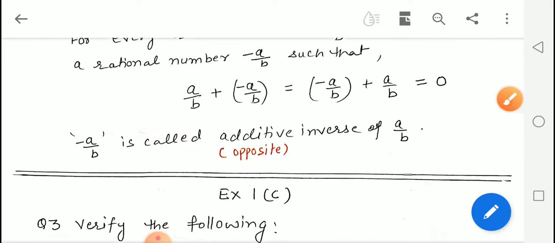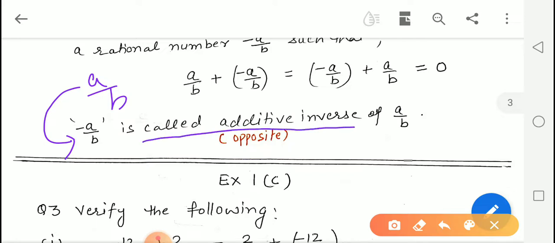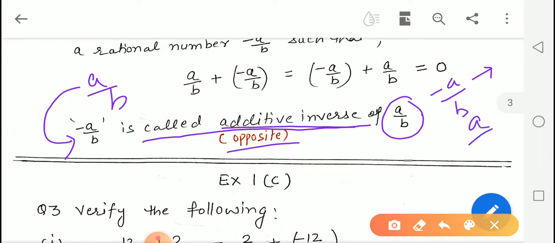And because here the given number was positive a upon b, its negative, negative a upon b, is called the opposite or additive inverse of a upon b. Like if the given number is negative a upon b, then its additive inverse will be its opposite, that is a upon b.